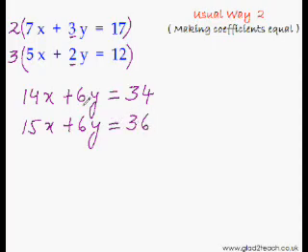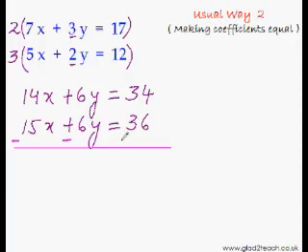Now as you can see, we have managed to make one pair of coefficients equal. See? So now we can easily cancel them out by subtracting this equation from this equation. Subtraction in algebra means changing the sign and then adding the terms. So this positive 15x will become negative. This is positive, so it will become negative.